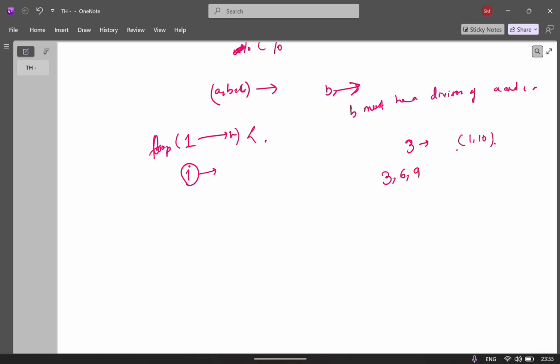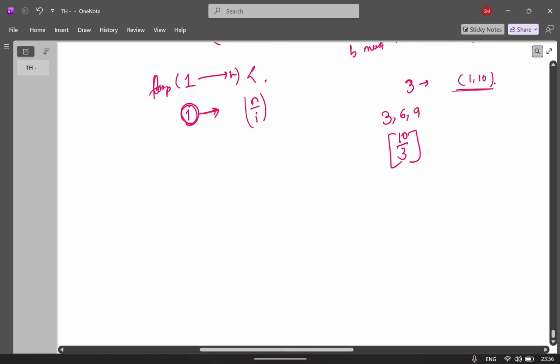The number of multiples of 3 in a range is the greatest integer of 10 by 3. So for each I, the number of its multiples will be n by I. And we have found the multiples.